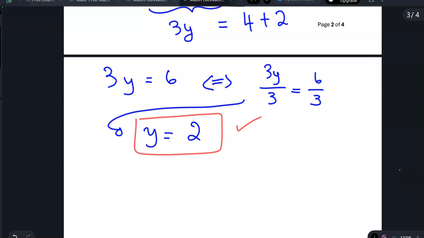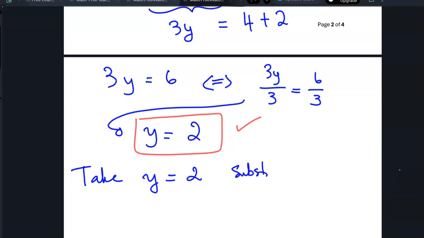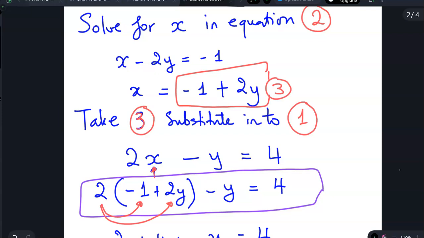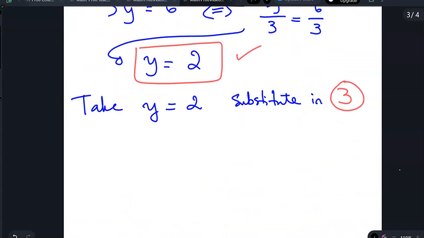So your next step is you take y equal to 2 and you substitute into equation number 3. Your equation number 3 is this one: x equal to minus 1 plus 2y.